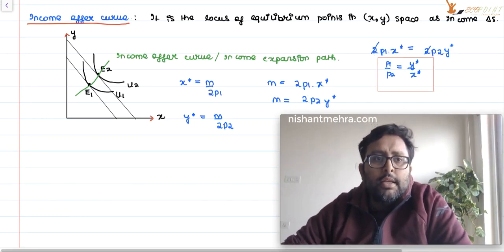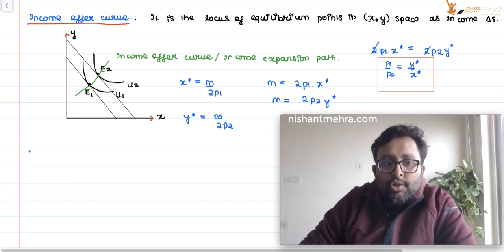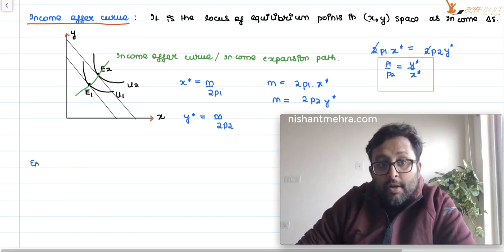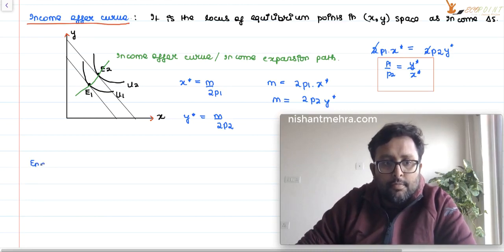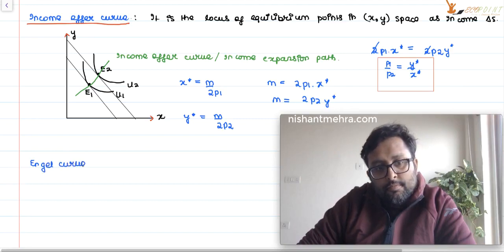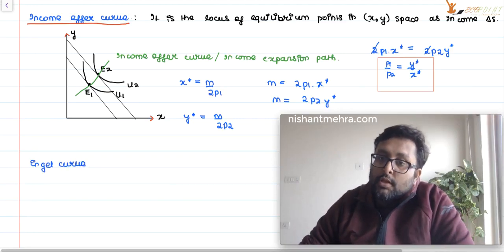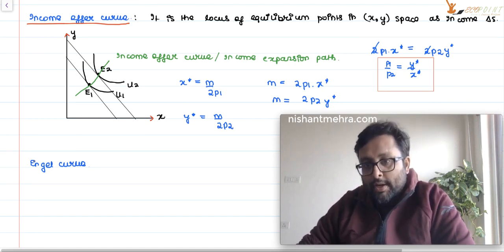Now what else? Then you have something which is called an Engel curve. But mind you, the income offer curve is drawn in xy space. So what would be an Engel curve? Now the Engel curve shows that as your income is increasing, how is the demand for the commodity changing?